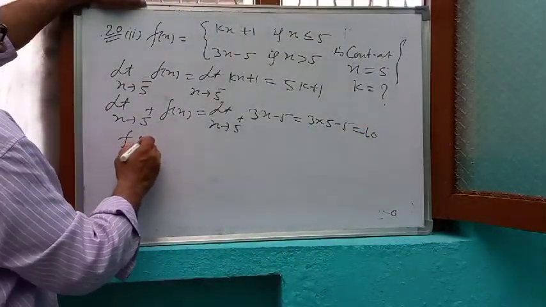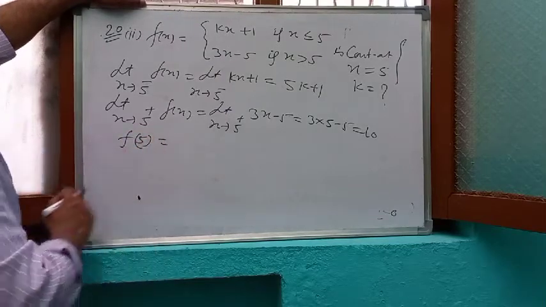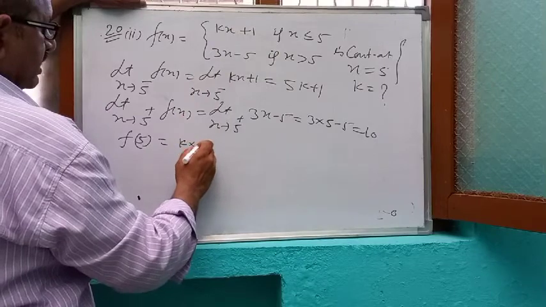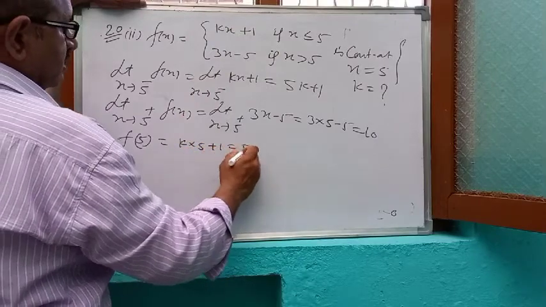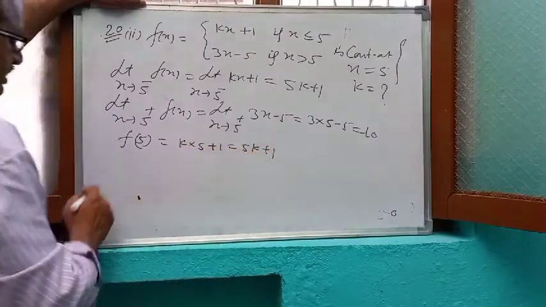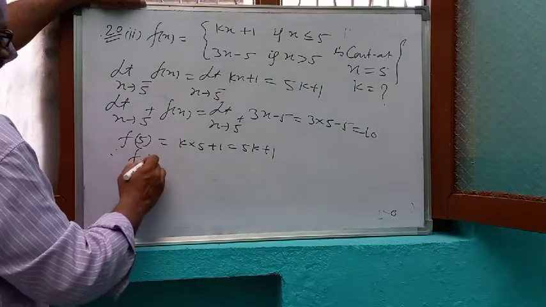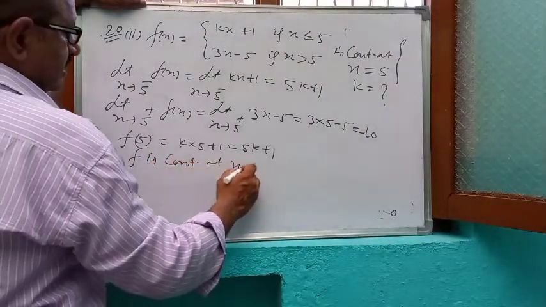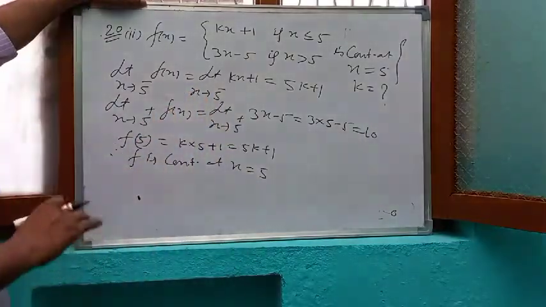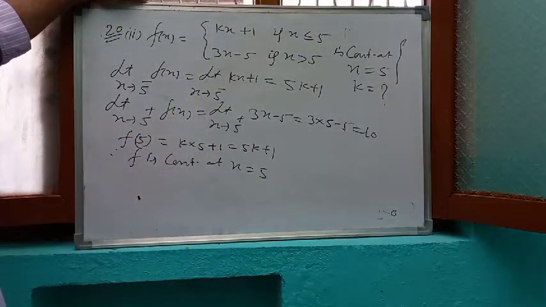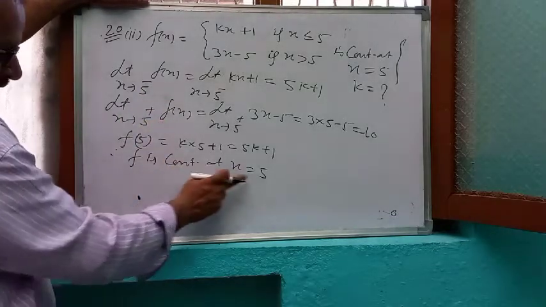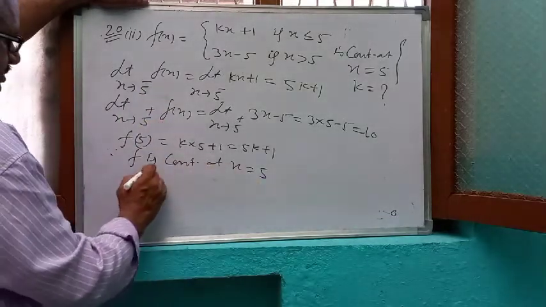And what is the value of f(5)? For x equal to 5, the function is kx + 1. So write k into 5 plus 1, which means 5k + 1. Since the function is continuous at x = 5, it is given. It means the left hand limit, right hand limit, and value of the function are all equal.